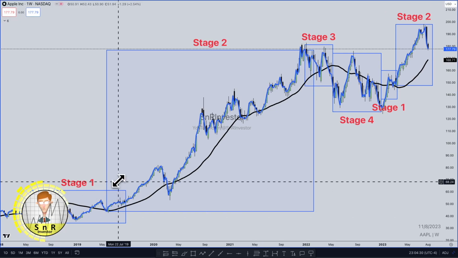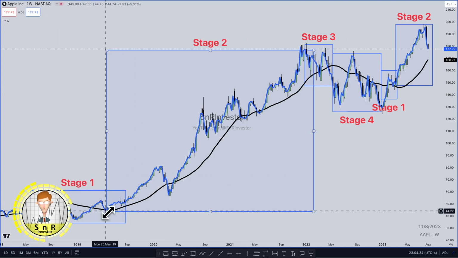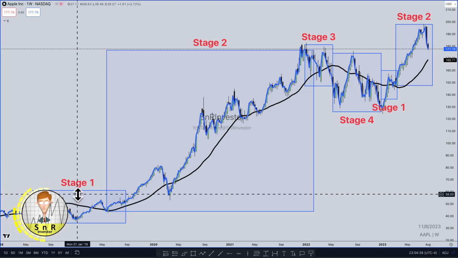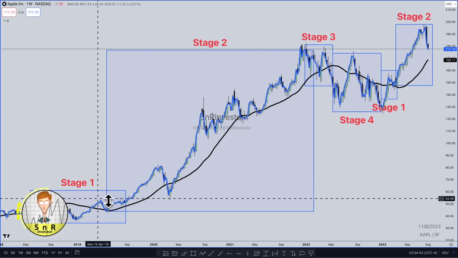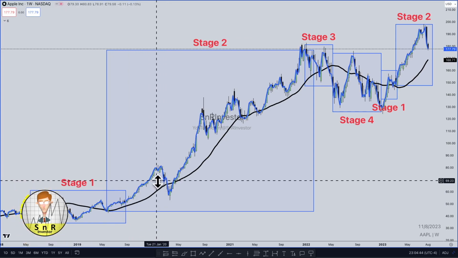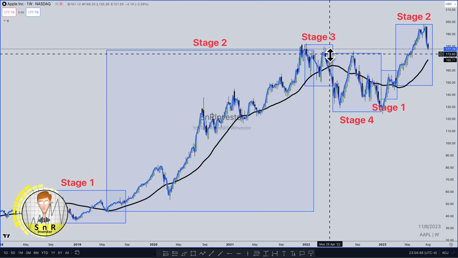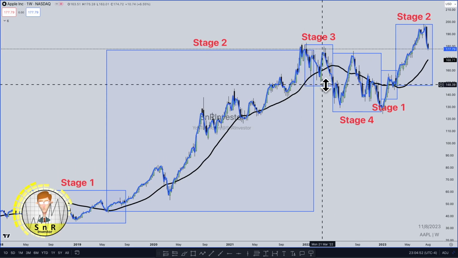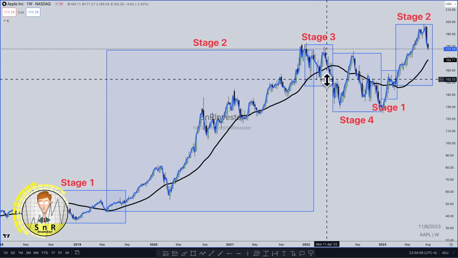decisions. For example, you can look at here in 2019, when price starts to respect the 30-week moving average, we could start to consider buying into Apple, and then we can hold it for its duration until it starts to cut across the 30-week moving average significantly. So you can see here, even in stage 3, you might not be convinced that stage 3 has ended.